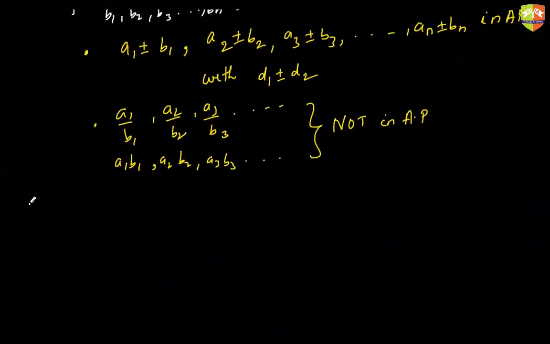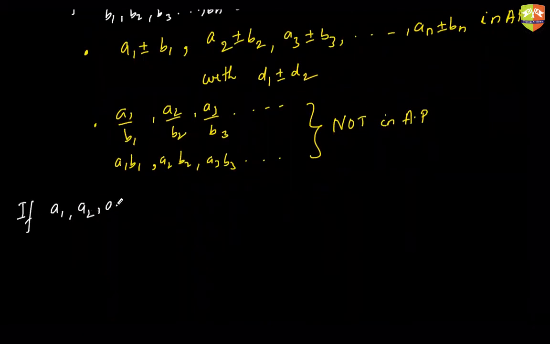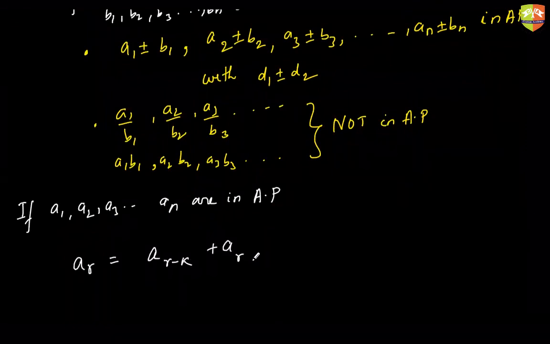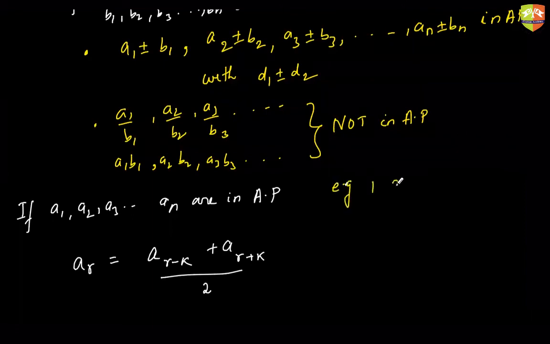Another speciality about AP is, if A1, A2, etc. till AN are in AP, please note that any rth term could be written as the mean of the (r minus k)th term and the (r plus k)th term. So terms equidistant from that term will always add up and, divided by 2, give you the same term. For example, let's say I have 1, 3, 5, 7, 9, 11.